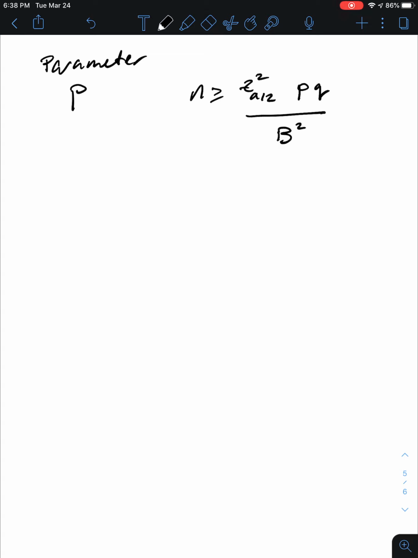Well, I just did the best that I could under the circumstances. Here again, I can just do the best that I can. I can use p is approximately p hat from a previous experiment. That would be one way to do it.